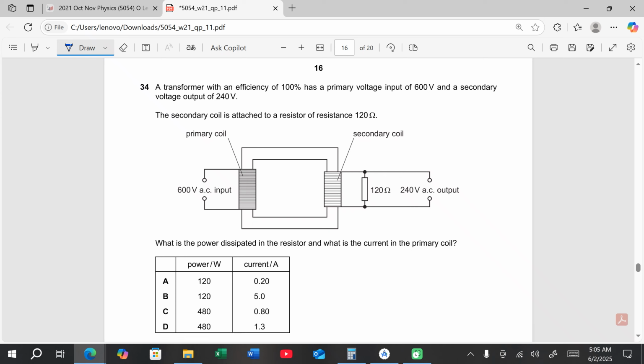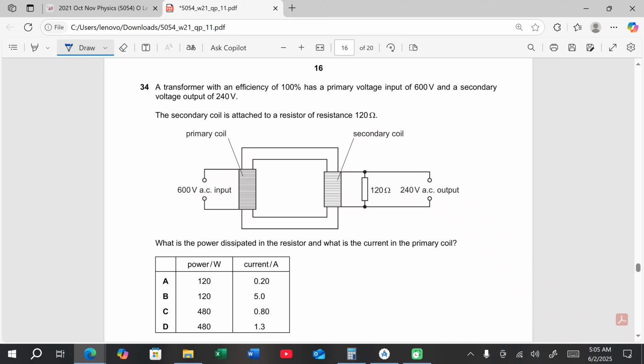Power in the secondary coil is always equal to power in the primary coil. So let's calculate power in the secondary coil, P equals V squared over R. That is 240 times 240 over 120, which is 480. So it is either C or D; A and B are wrong.